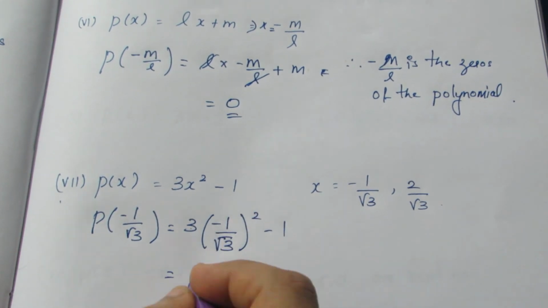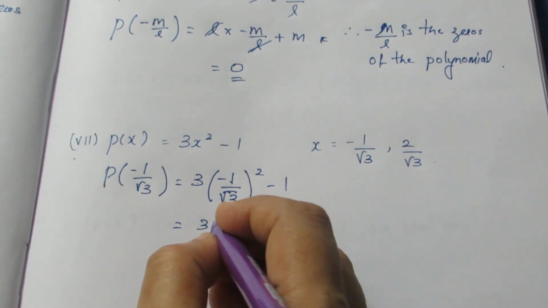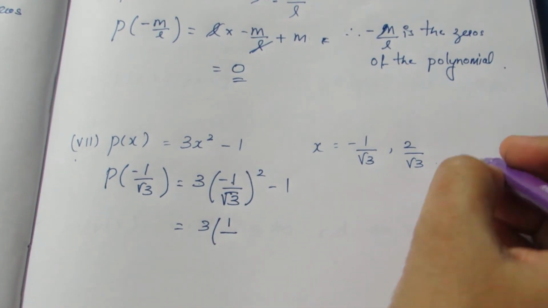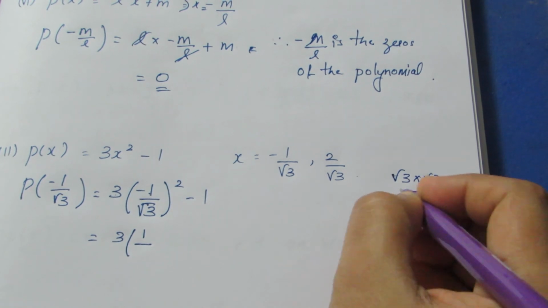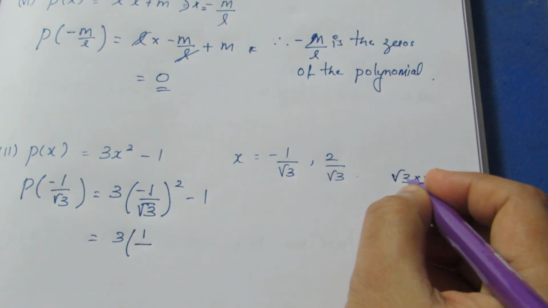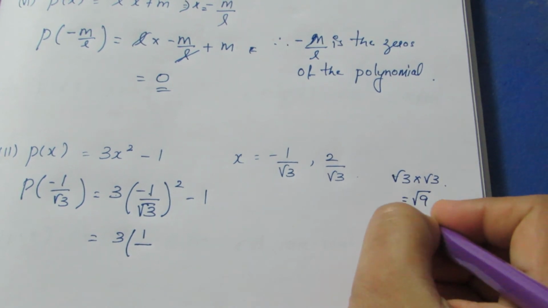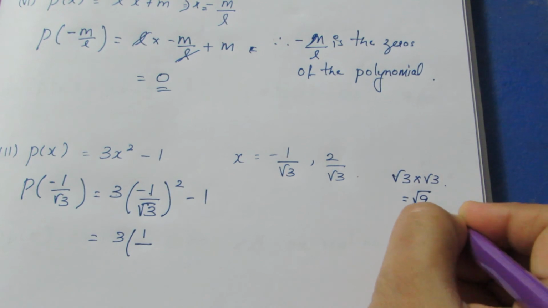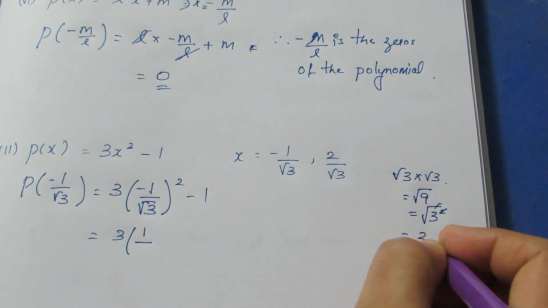Here minus 1 into minus 1 will become plus 1. So 3 into 1 by root 3 into root 3. When there is the same number, root 3 into root 3, it becomes root 9. Root 9 is nothing but 3 square. Here root and square get cancelled. The resultant answer is 3.